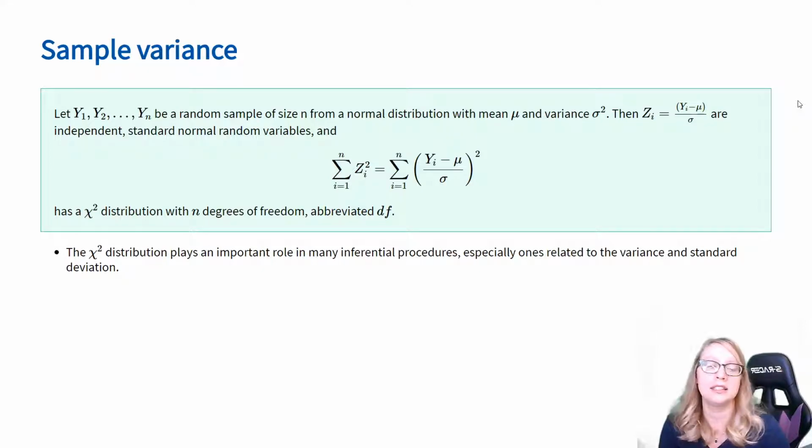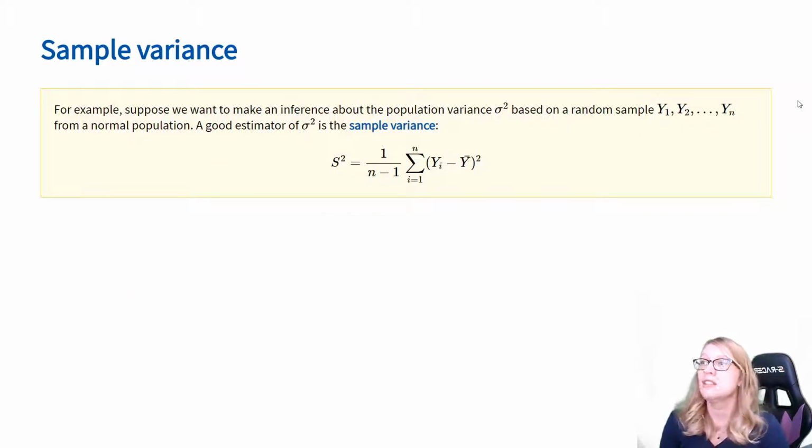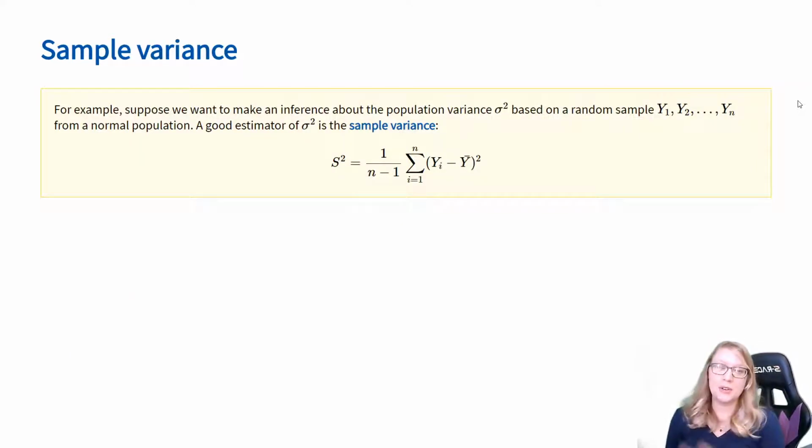This lends itself well to several statistical procedures, especially ones related to the variance, but also some procedures for comparing categorical variables, such as a chi-square test for independence. So, for example, let's suppose that we want to say something about the population variance sigma squared based on a random sample from a normal population.